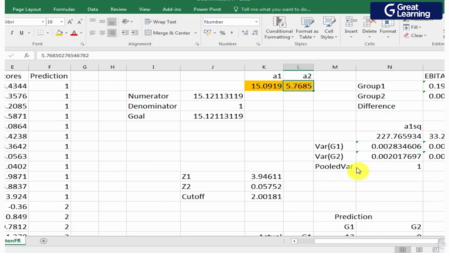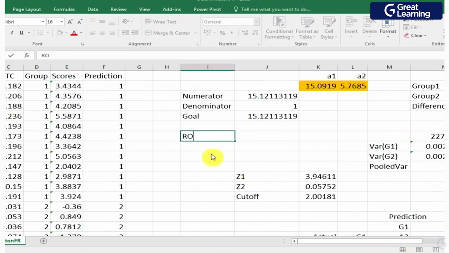Now, what you do here is, we have developed this variance of all that expression. So, what you do here is, let's say ROTC. Sorry, not this, EBITDAs. First I put here EBITDAs. In this case, both will be closer, but how to find out, I am telling you. ROTC.